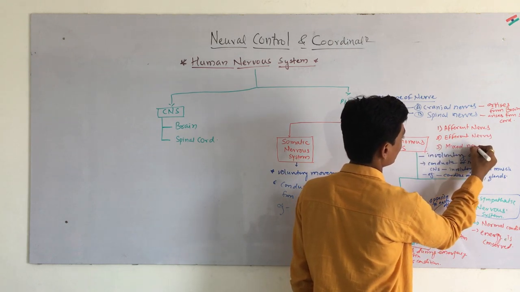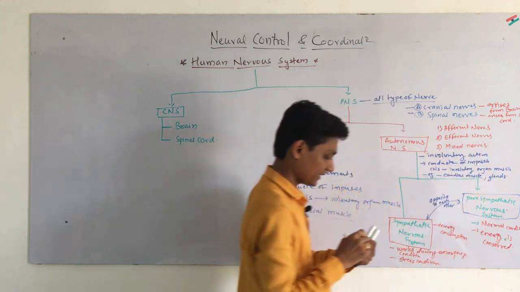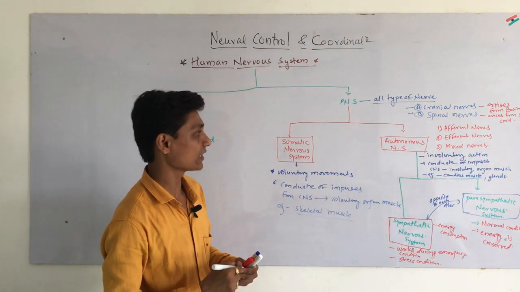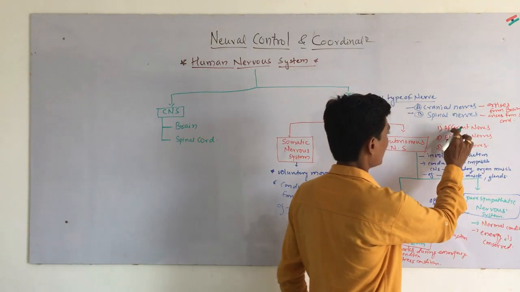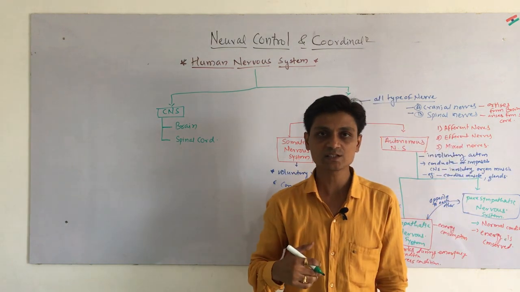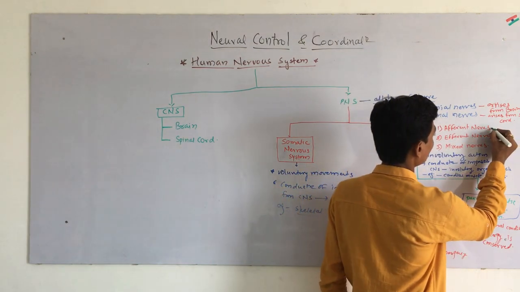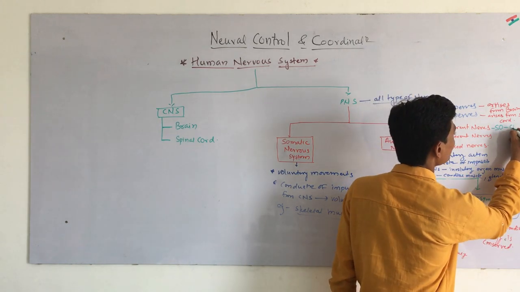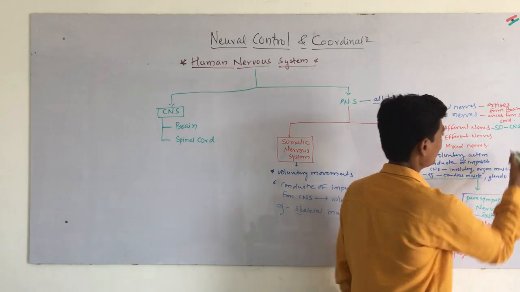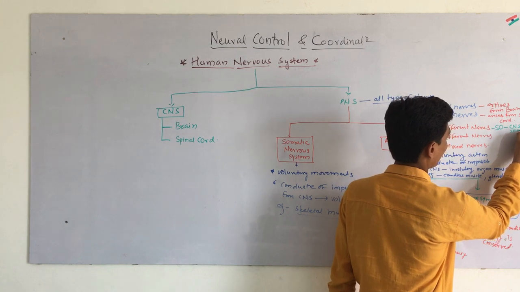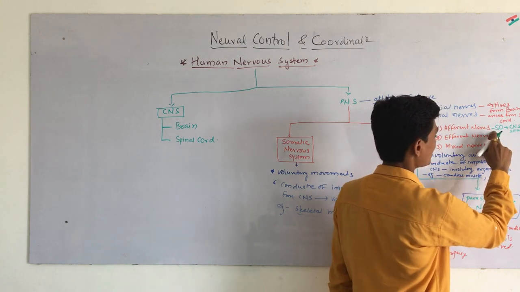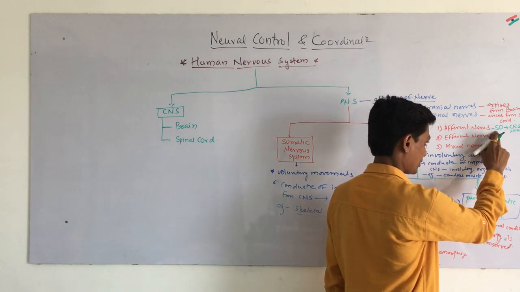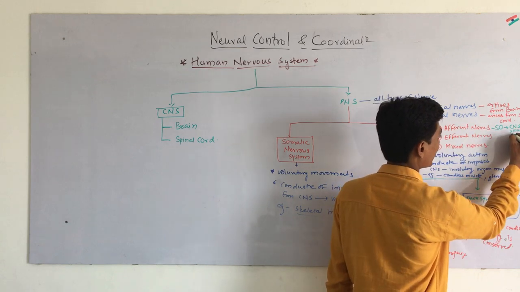As the name indicates, see what happens with afferent nerves. Afferent nerves bring the impulses from the sensory organ to the CNS or spinal cord.